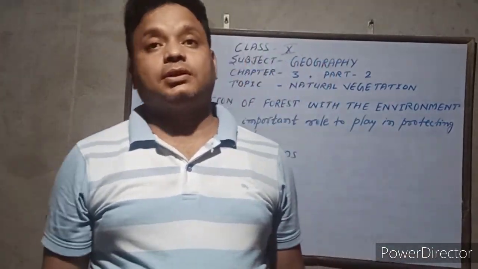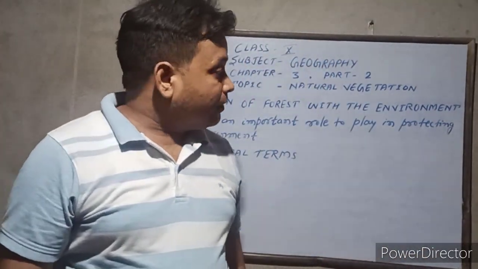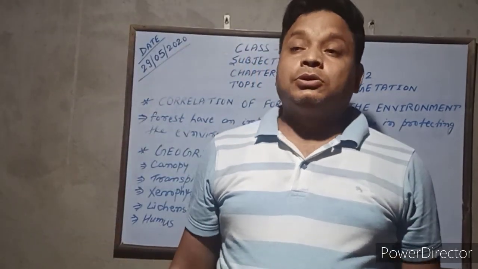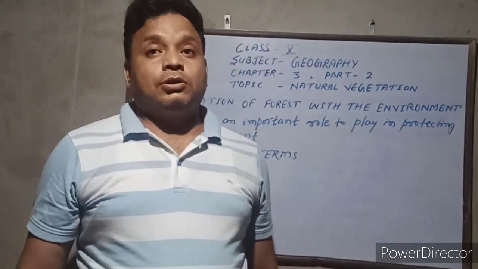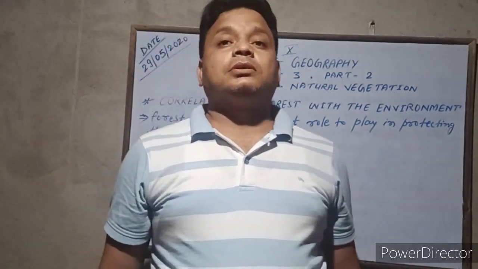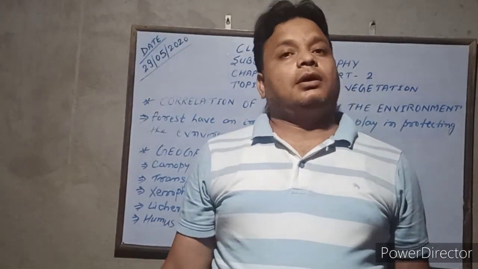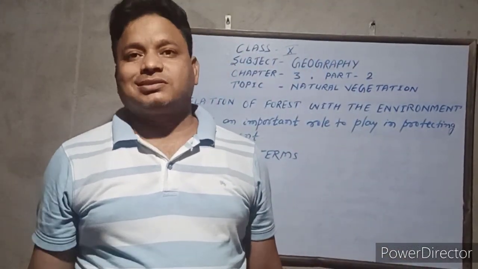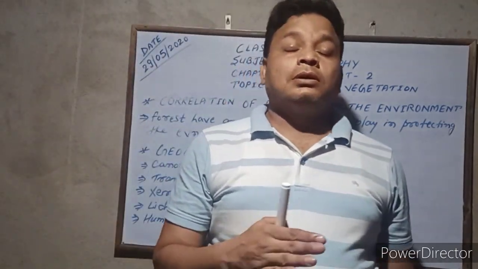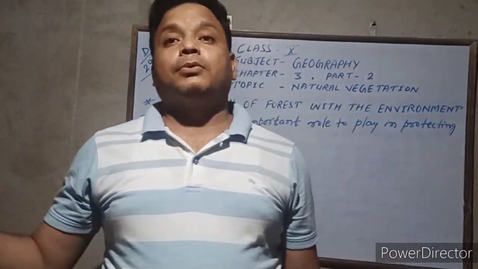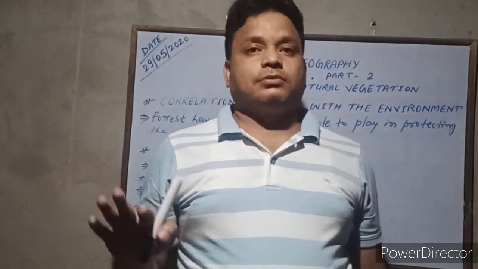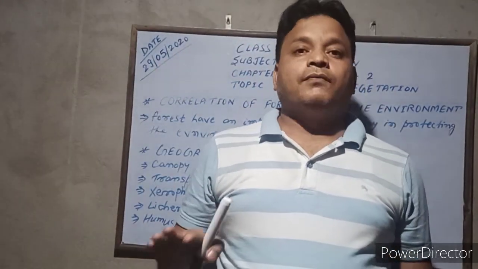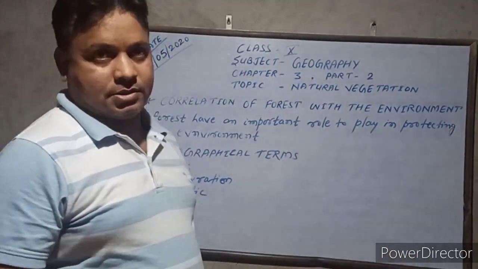So that is why forests play a major role in controlling soil erosion, purifying air and giving us oxygen, and also act as a climatic moderator that brings rainfall. That is why we have to protect forests.